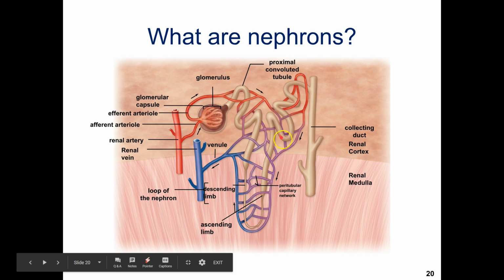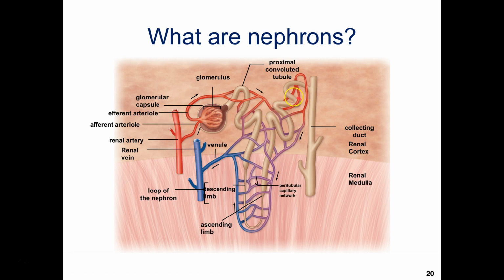And stuff that you don't want in here, stuff like urea, continues through and gets excreted from your body in the form of urine, okay, via the collecting duct, through the renal pelvis and out the ureter, into the urinary bladder, through the urethra, and out of your body.